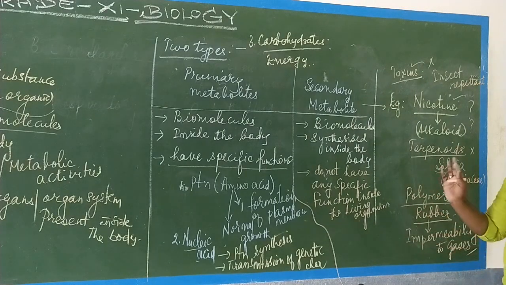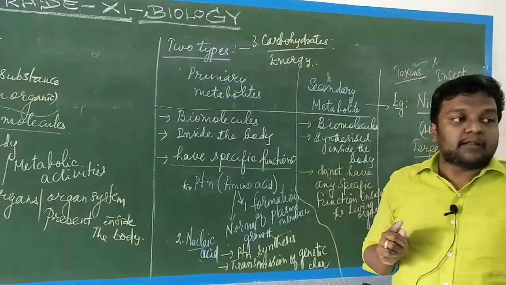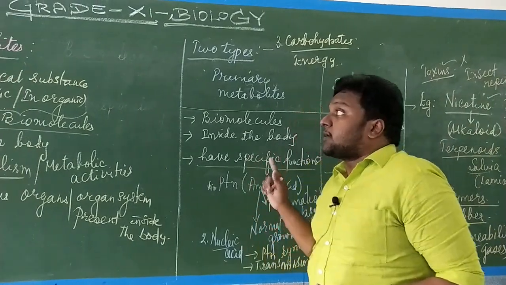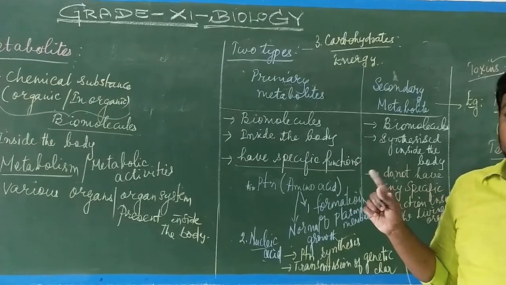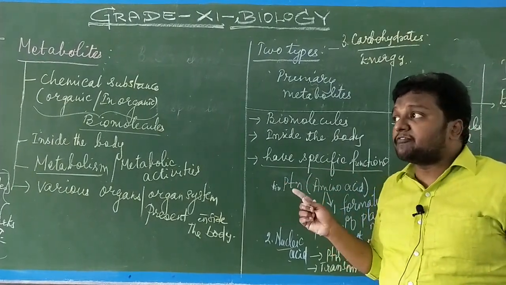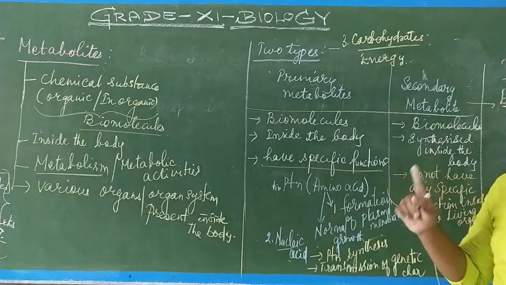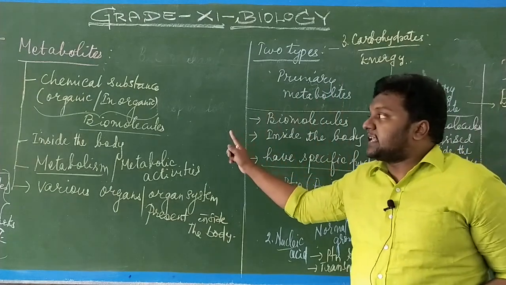Okay, so what topic have we studied now? What are metabolites and what is the difference between primary metabolites and secondary metabolites. What are called metabolites? Metabolites, we are calling it what? It is a chemical substance which has a combination of organic as well as inorganic constituents. So since organic and inorganic constituents are present, we can call it a biomolecule.